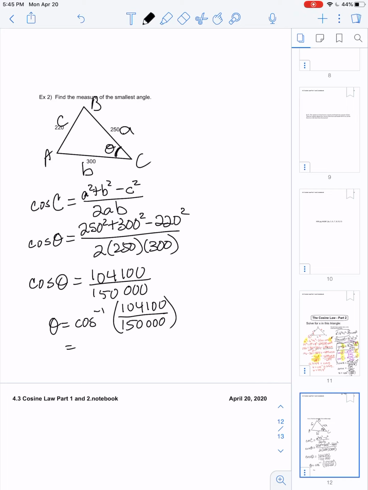So I want to divide those two things. That's 0.694. And shift cos that answer, and you get 46.1 degrees. Okay, I'm done now.